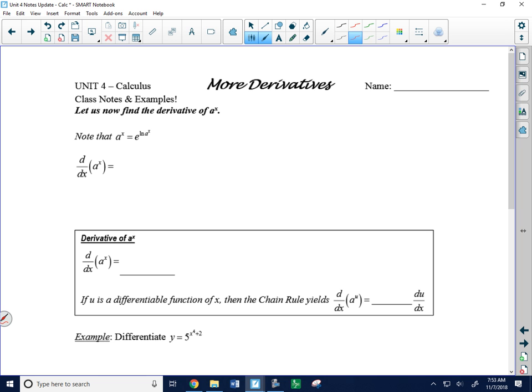Okay, so let's write here. The derivative of a to the x is the derivative of this one, e to the ln of a to the x. What I just did is just an equivalent form. Now before I do the derivative, I'll write it again here, d dx. I haven't done the derivative yet.